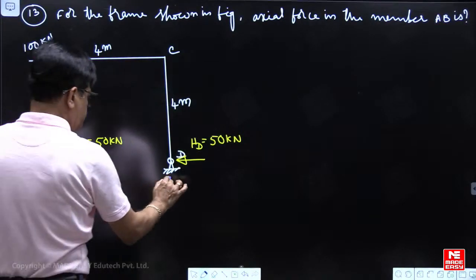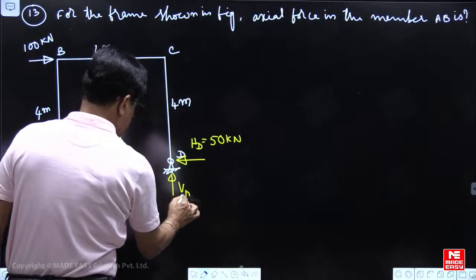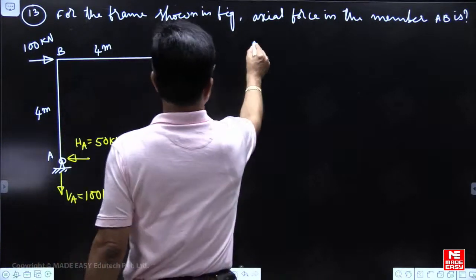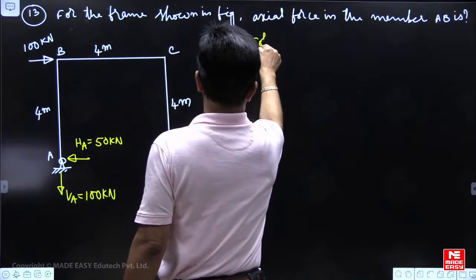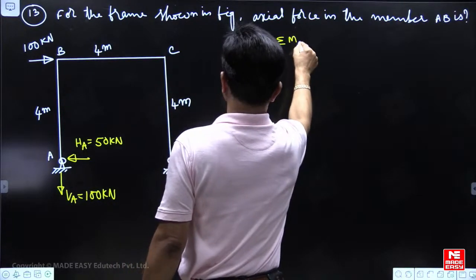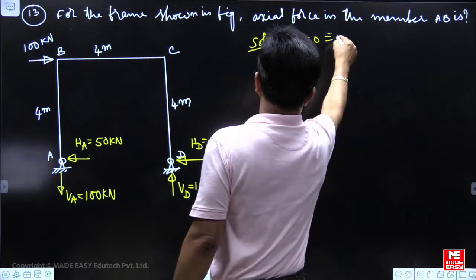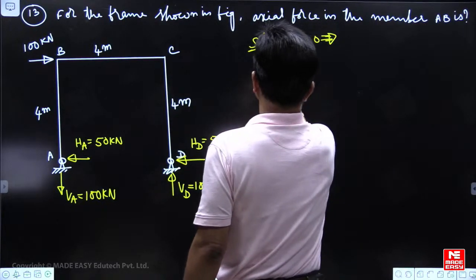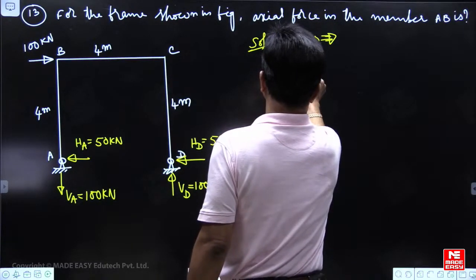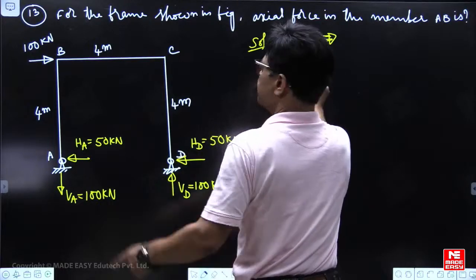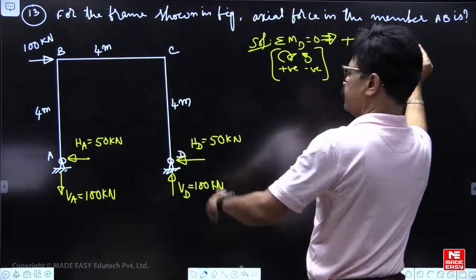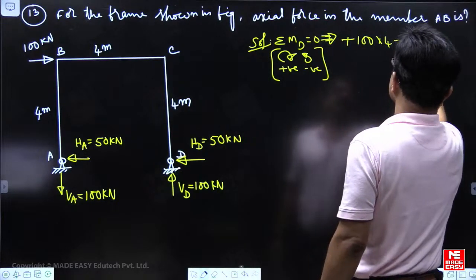So VA has to be 100. This we are writing like this: Sigma MD is equal to 0. Clockwise positive, anti-clockwise negative. Plus 100 into 4 minus VA into 4.